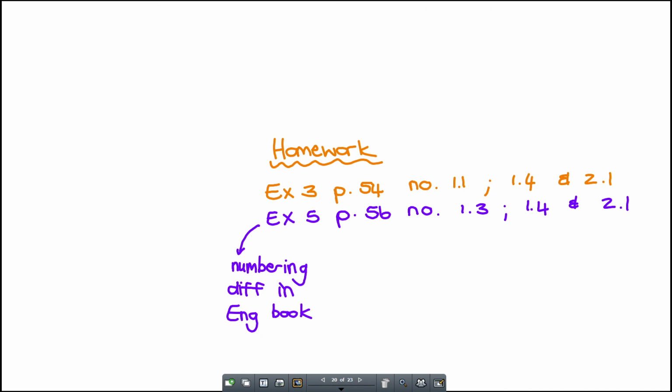I want you to double check because the numbering is different in the English book. It's 6 little sums, people, it's not so bad. It looks bad because I wrote everything next to each other. At exercise 5, that's on page 56. English people, 1.1, I mean 1.3, the one that you're going to do.